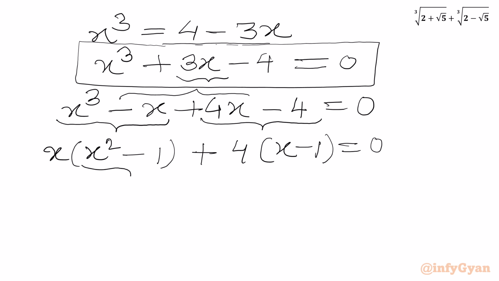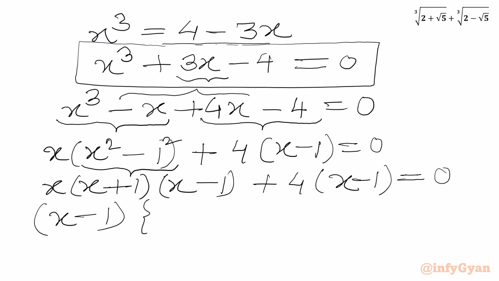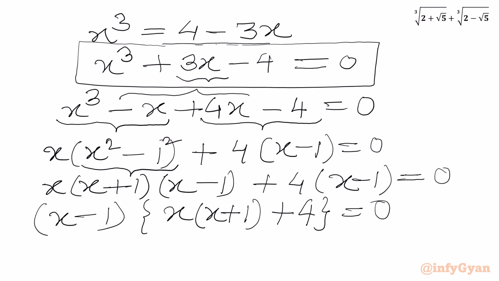Now we will use difference of two squares formula here. So I can write x times x plus 1 times x minus 1 plus 4 times x minus 1 equal to 0. Let's take x minus 1 common out. So in other bracket we'll get x times x plus 1 plus 4. RHS is 0.